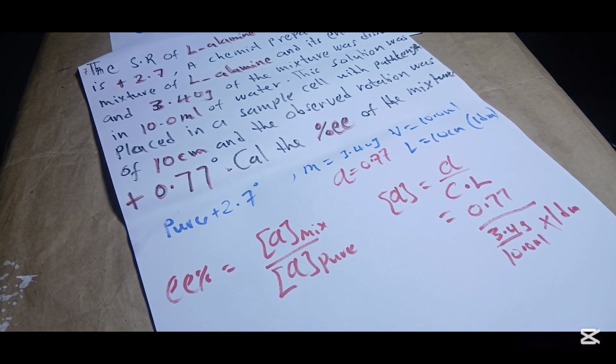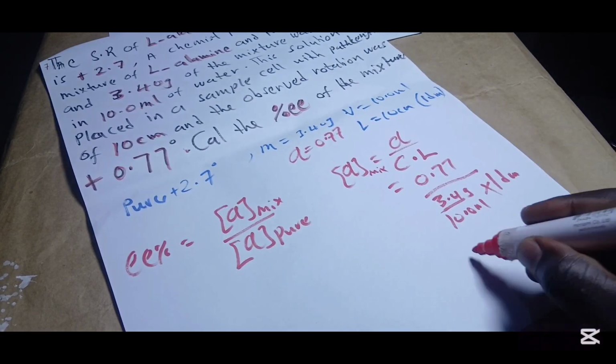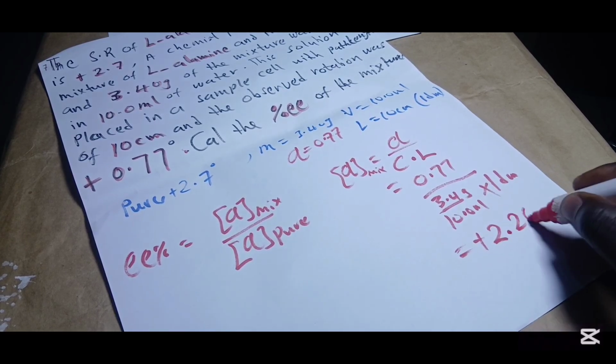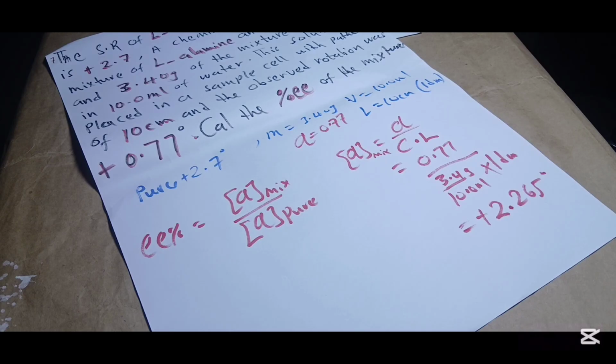So the specific rotation of the mixture is going to be positive 2.265 degrees. Now we can go ahead and continue with our calculation.